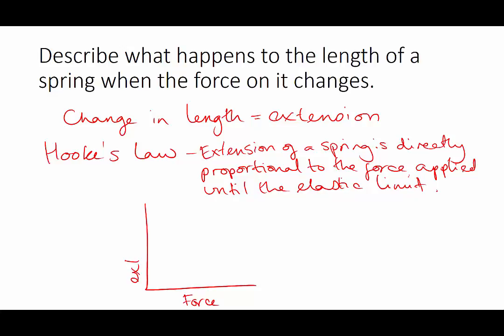We've got force on the x-axis, extension on the y-axis, and we see that initially it's a straight line, but then after that elastic limit, it no longer follows a straight line relationship, and you can be adding more force and the way the extension changes will vary. And at that point, we've got permanent deformation in the spring.